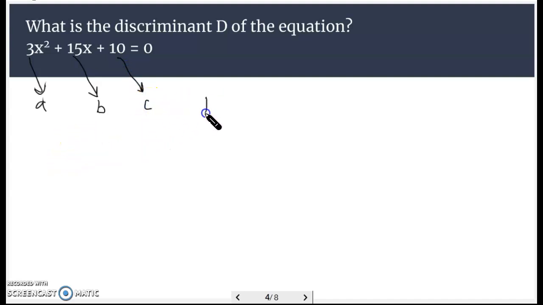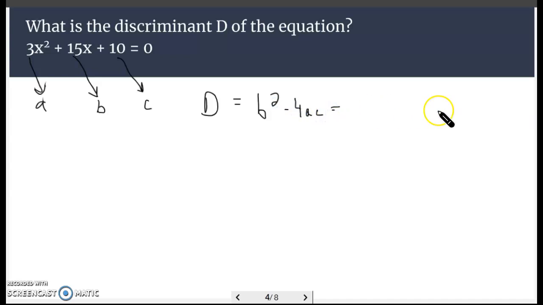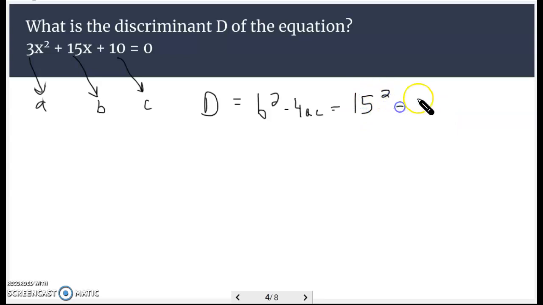Remember the discriminant D, b squared minus 4 times a times c. 15 would be b, 15 squared minus 4 times the a number times the c number. The a number is 3. The c number is 10.